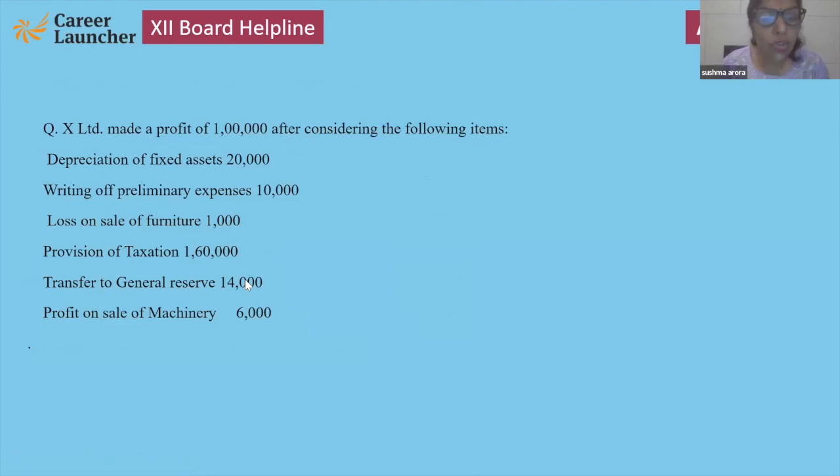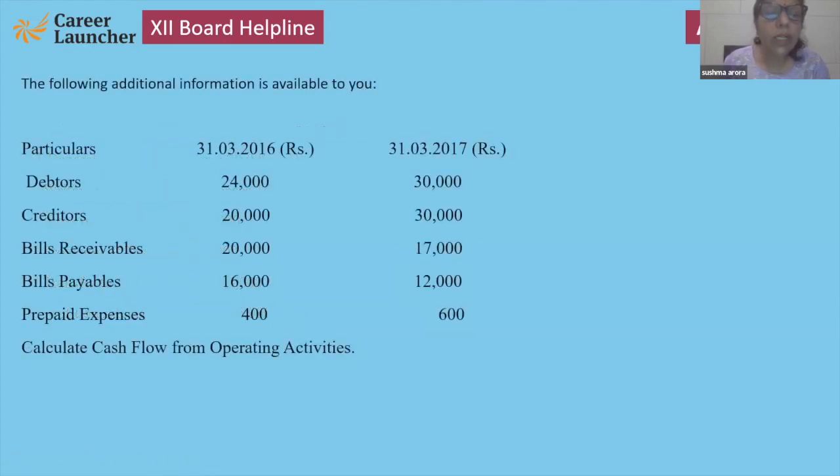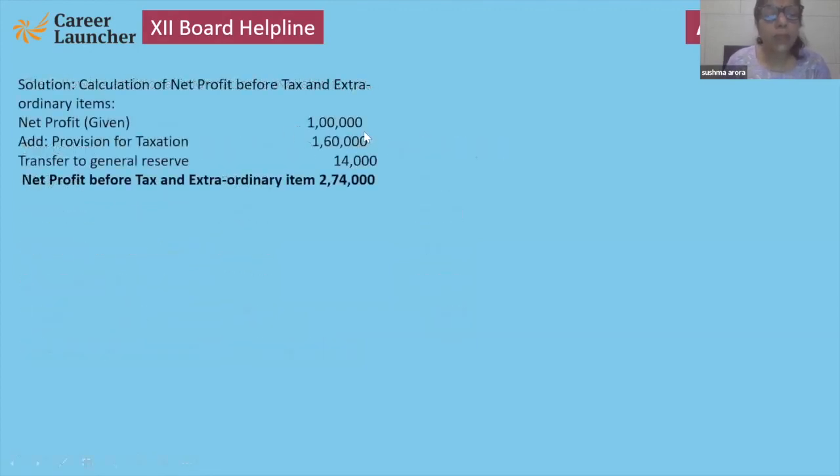It means these are to be added to calculate net profit before tax and extraordinary items. So net profit given, provision for tax clearly given, general reserve transfer is given. So we add these three. Okay, children. So first of all, as in the beginning I told you, first of all, calculate net profit before tax.